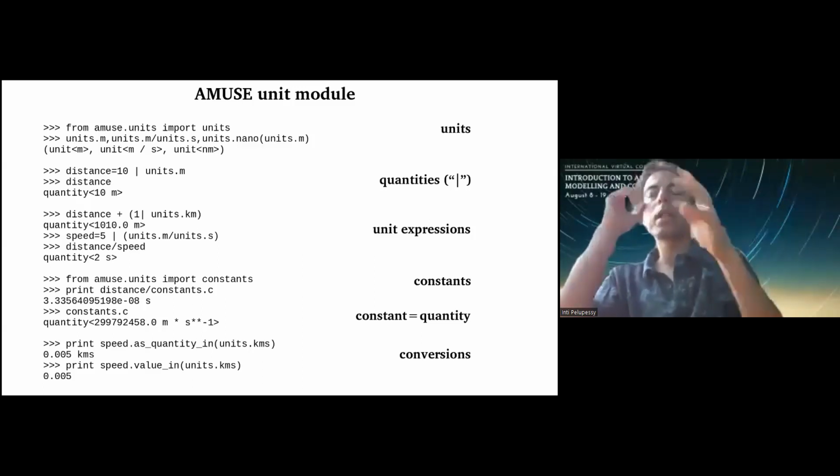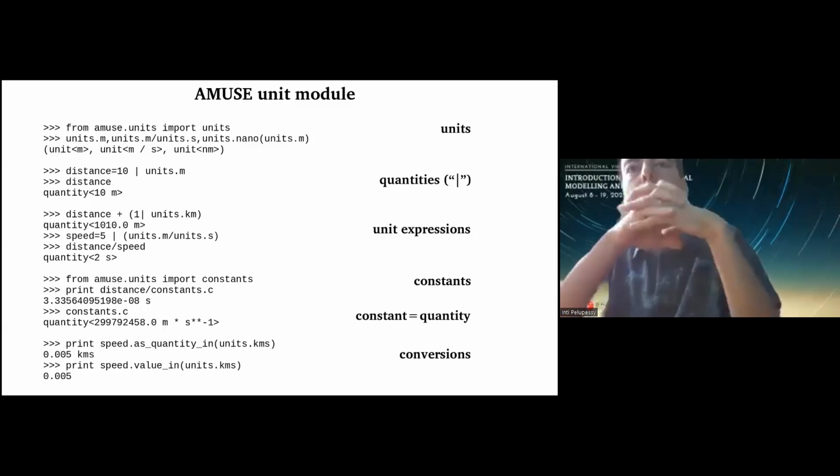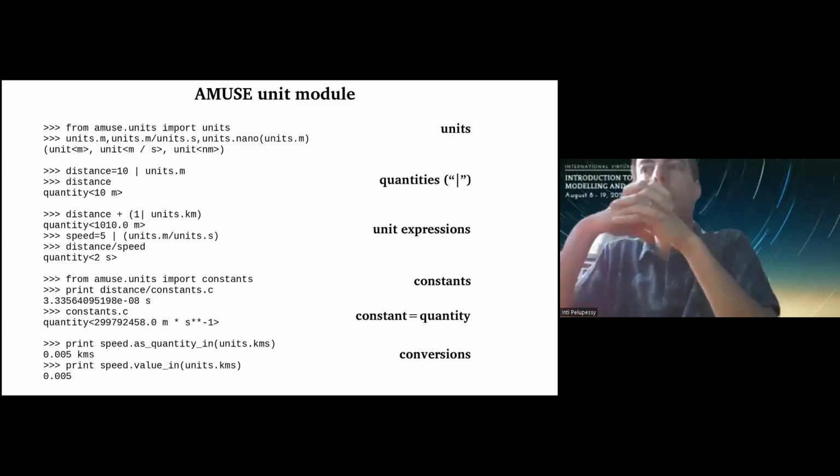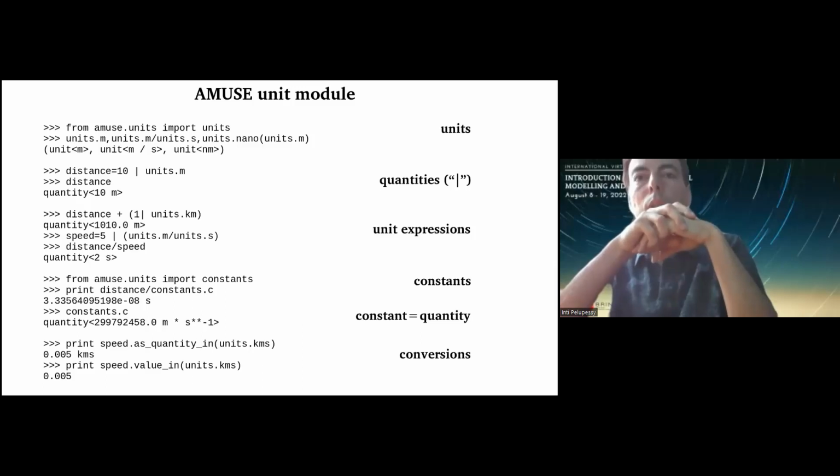It's based around the construction of what we call quantities, which is a number with a unit, and you can handle quantities much the same way as you can handle numbers, with the exception, of course, that operations where the units do not conform trigger an error.